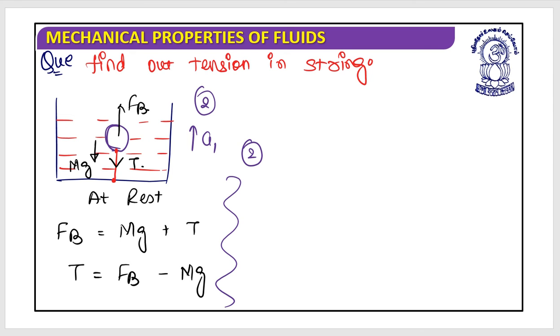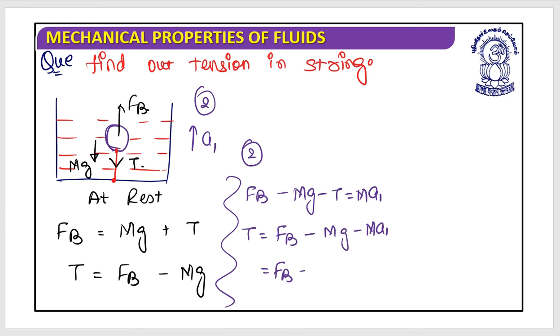So this could be written as FB minus mg minus T equals m into a1, and from this T equals FB minus mg minus m a1, which equals FB minus m into (g plus a1). This is the tension in the string. I hope this is clear. Is it clear?